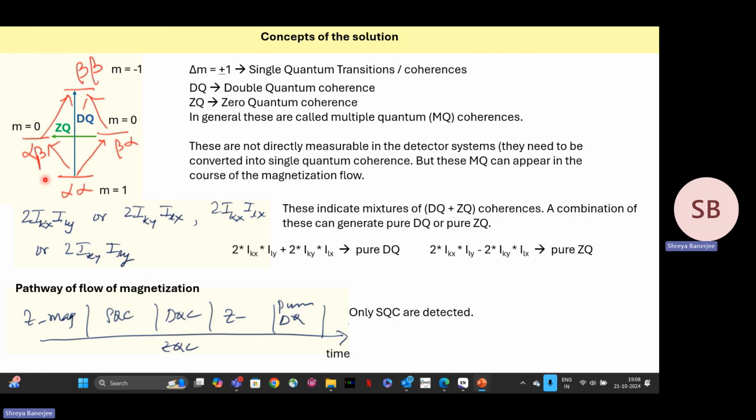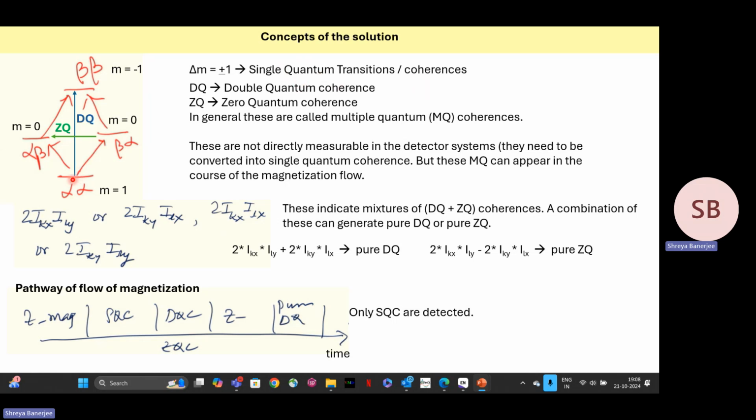We have already discussed this. Transition from alpha alpha to alpha beta or beta alpha is allowed because M is changing from 1 to 0, so delta M is 1. Or from alpha beta to beta beta, or beta alpha to beta beta, is also allowed because it goes from 0 to minus 1. So these red arrows are allowed because these are single quantum transitions.